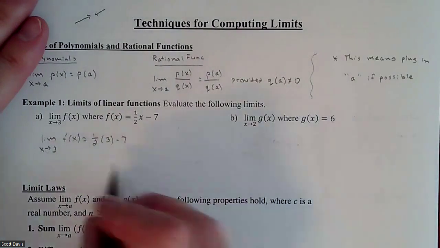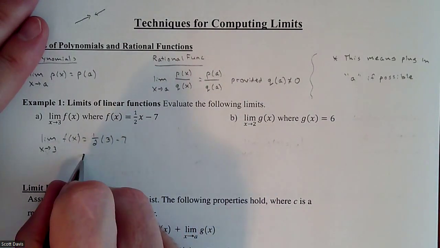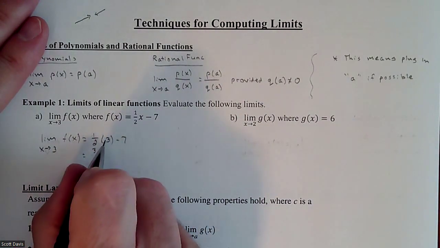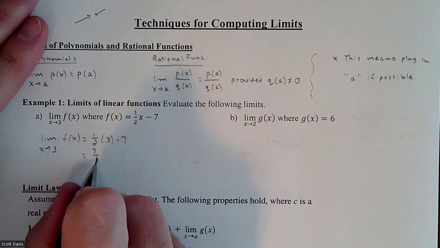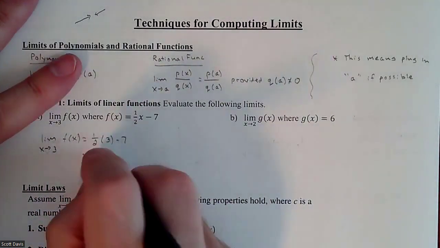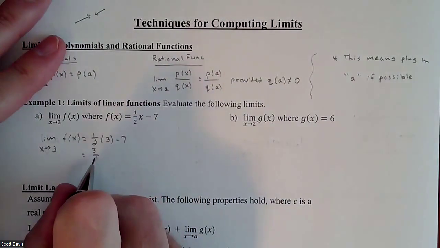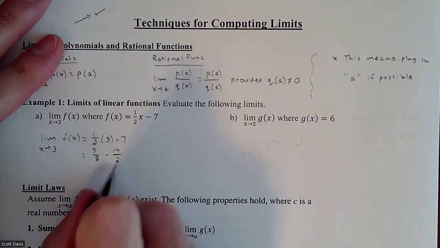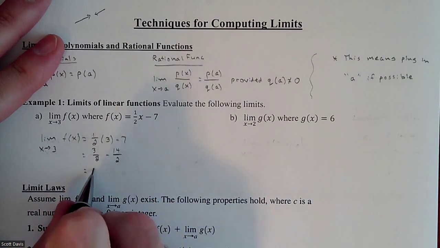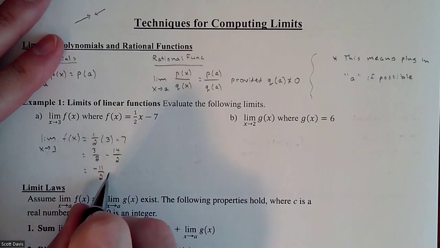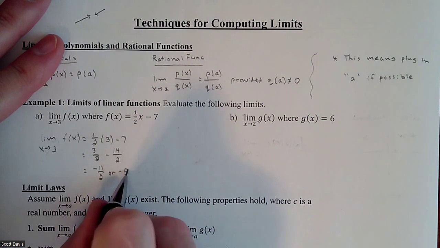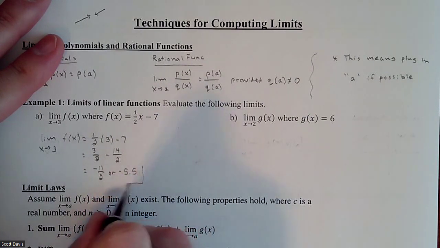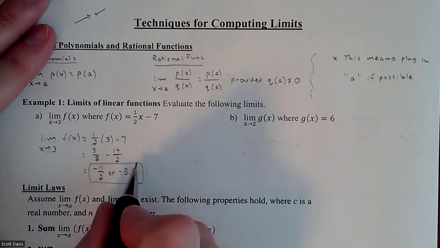All right, so we are multiplying 3 times 1 half, which is 3 halves, minus 7. I'm going to make the denominators match, so it's 3 halves minus 14 halves. If I put those two together, I'm getting negative 11 halves, or negative 5.5.